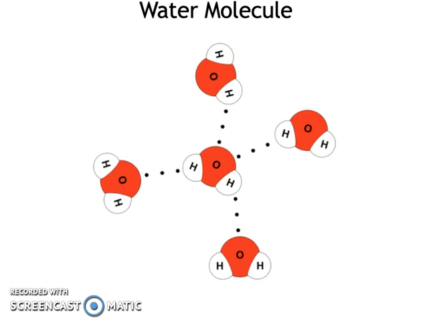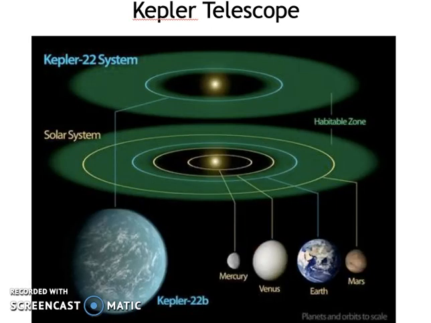Many of these planets were discovered using the Kepler Space Telescope. In fact, the Kepler telescope was designed and manufactured for this express purpose, to identify planets in our solar system and galaxy.